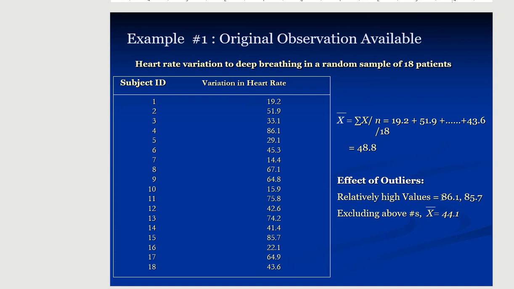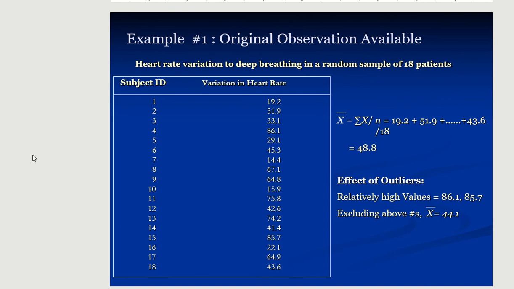If we are to remove these two values and recalculate the average without these two values, meaning that this time you're going to divide by 16, the new average comes out to be 44.1. The point being, these two values all by themselves have changed an average of 44.1 into an average of 48.8. Only two values raised the average by almost 5 units.